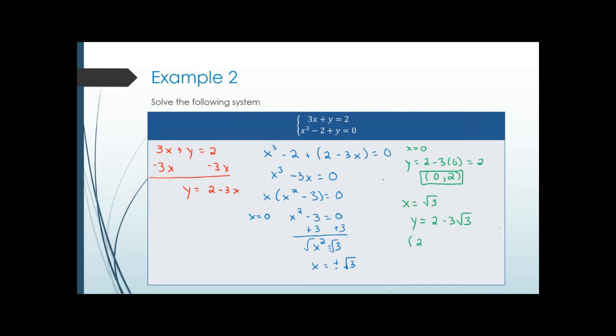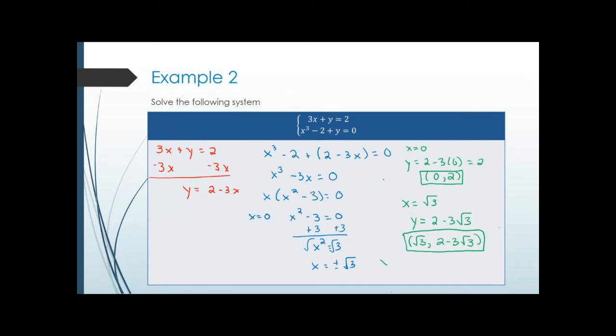So you can keep this as, whoops, my x is not 2. Square root of 3, and then 2 minus 3 times the square root of 3. And I wrote a 2. So you can leave it like that. If you wanted to check your answer with graphing, then you would have to find the decimal approximation.